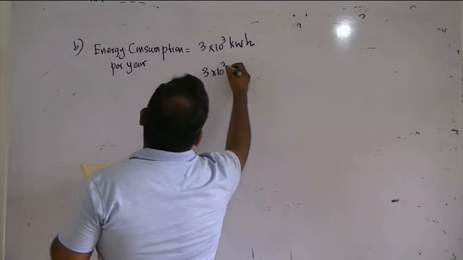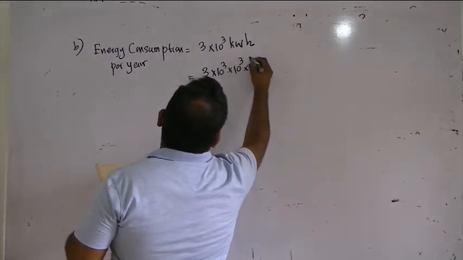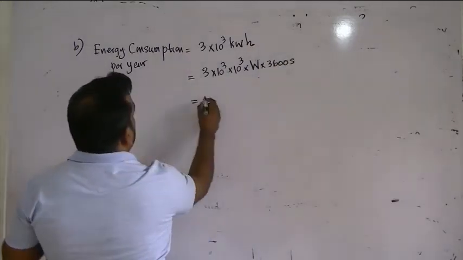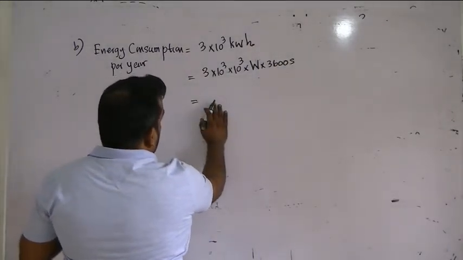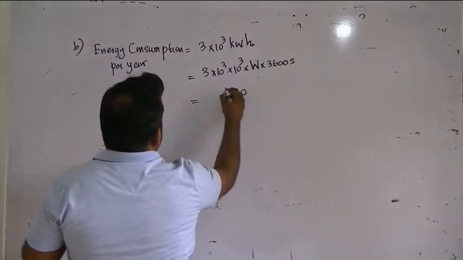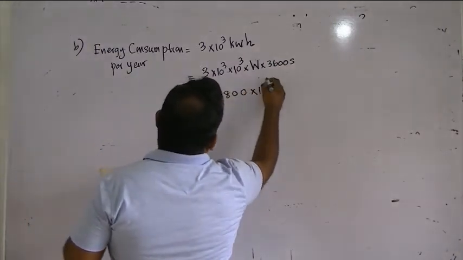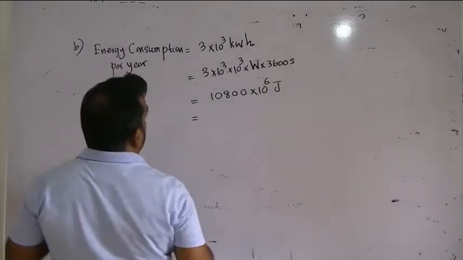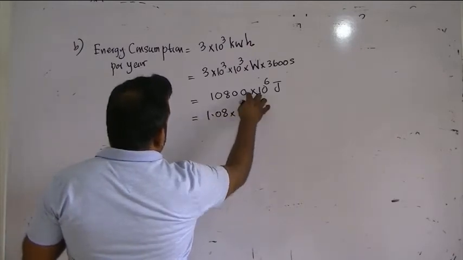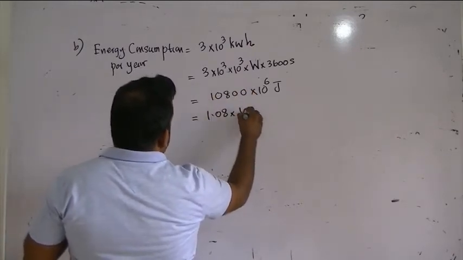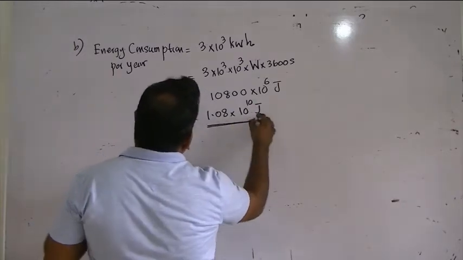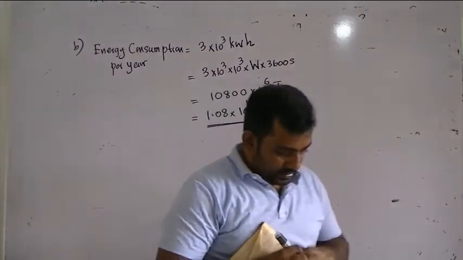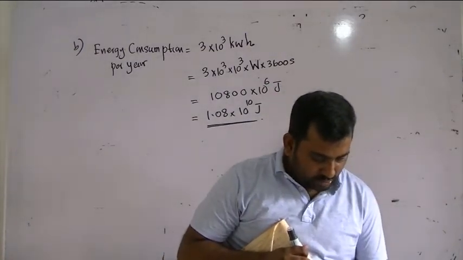Kilo converts to 10 to the power 3, and an hour means 3600 seconds. Simplify it: 1.08 times 10 to the power 10 joules.